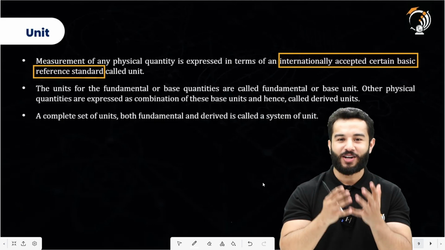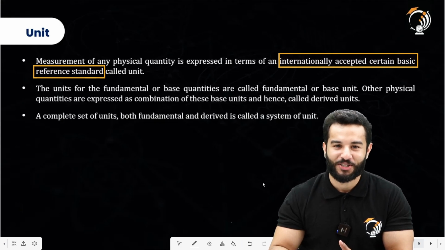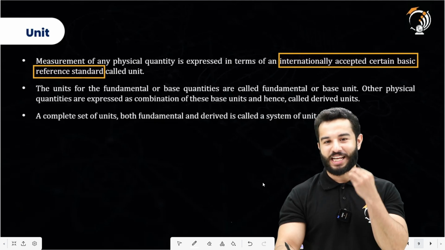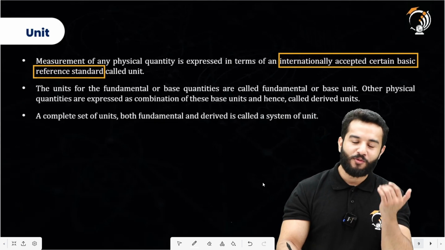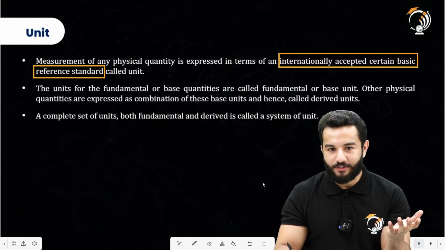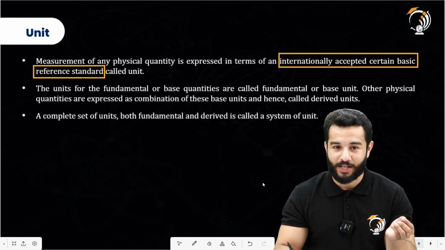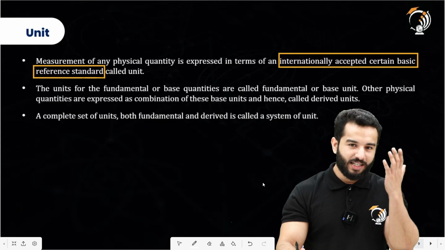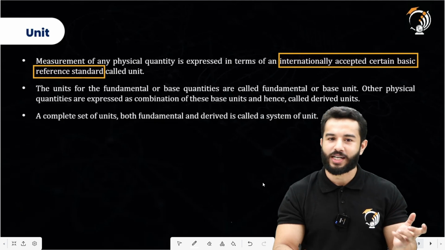Now this is not internationally accepted. Obviously it is not rational to assume certain units or standards like this. That's why, to communicate effectively, we have selected some internationally accepted units. Those internationally accepted standards are called units. So you can define it like that.